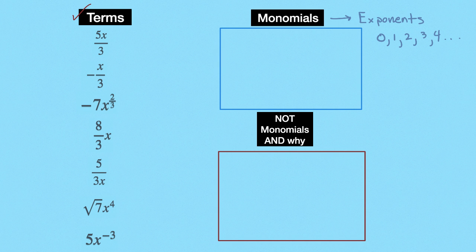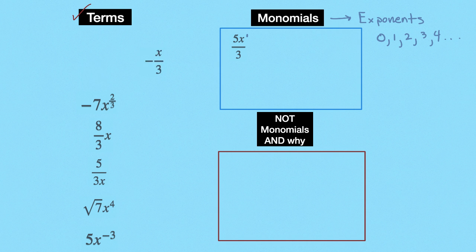So if we look at this first term here, 5x over 3, we can see that's a 5/3, a number times a variable. And the exponent on the variable, they don't show an exponent, but that's an implied exponent of 1 right there. Okay, so 5x divided by 3 is a monomial.